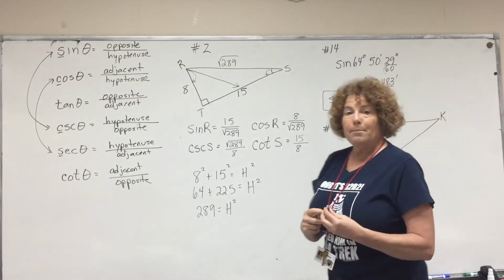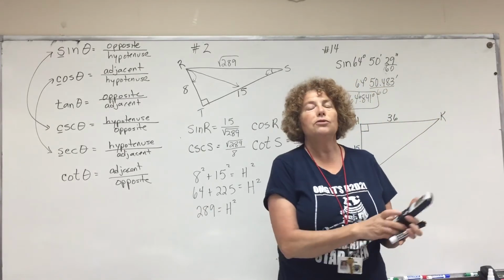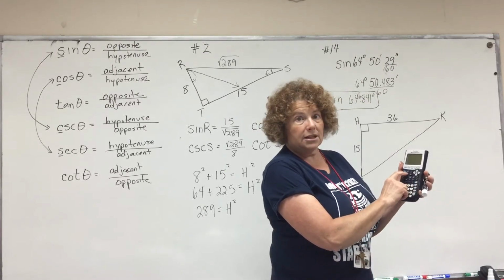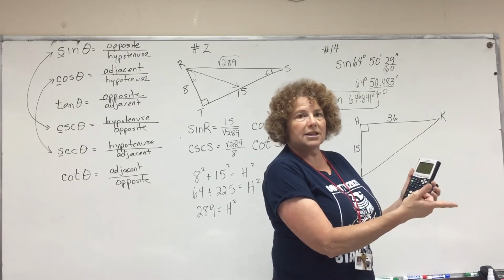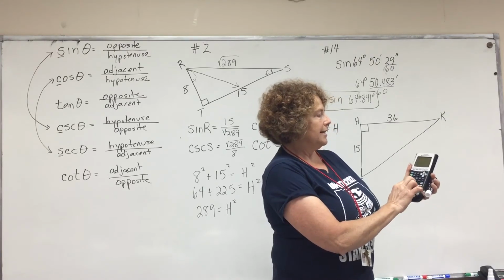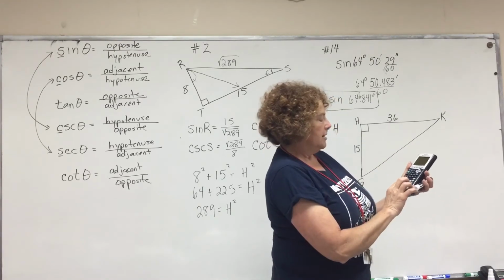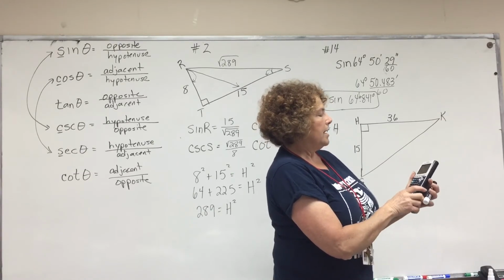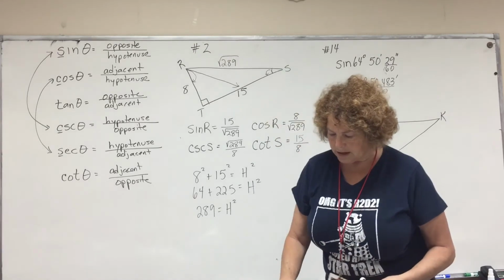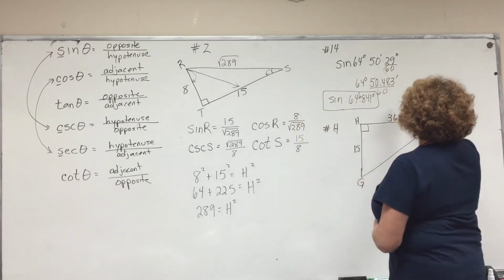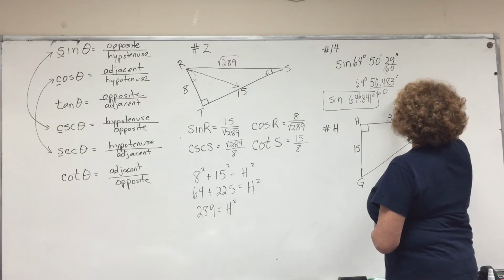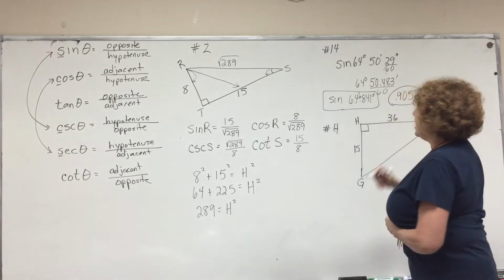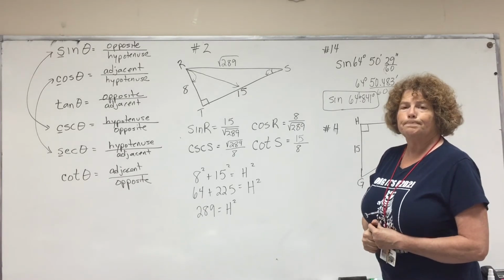And if you remember, if you didn't have it last year, all you do to find the sine of an angle is make sure your mode is in degrees, because some calculators have been changed to radians. So just hit sine and then punch in 64.841 and you get 0.905. So, I mean, the sine is 0.905. Sorry about that. But that would be the sine of 64.841 degrees.